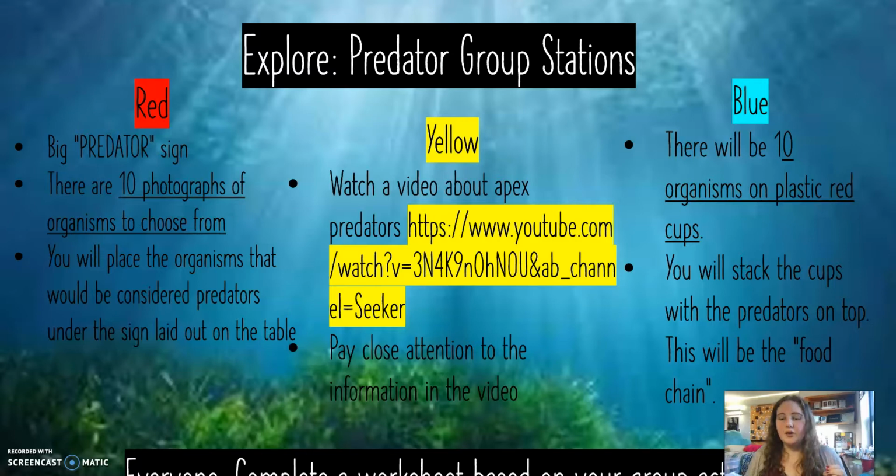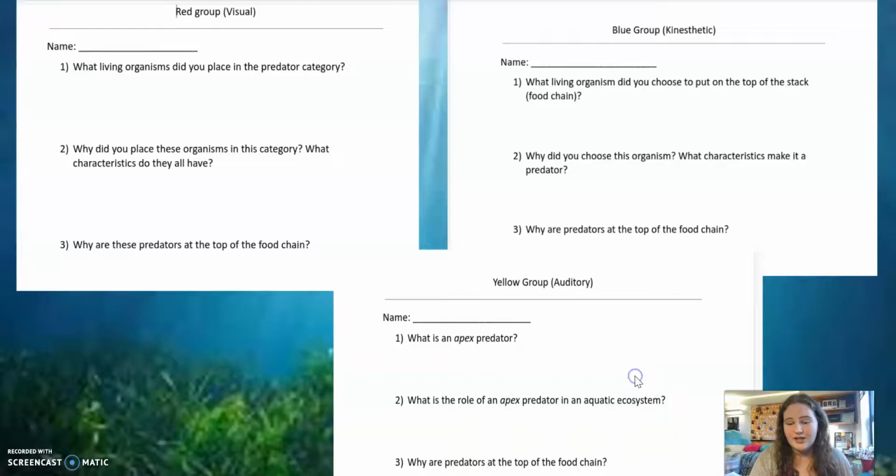Blue group, you're going to have 10 plastic red cups that look kind of like this. You're going to have an organism on that red cup, and then you're going to stack them. So you're going to stack one cup on top of the other, like this. You're then going to put the organisms on top that are the predators. That's the top of the food chain. Each group is going to be also completing a worksheet.